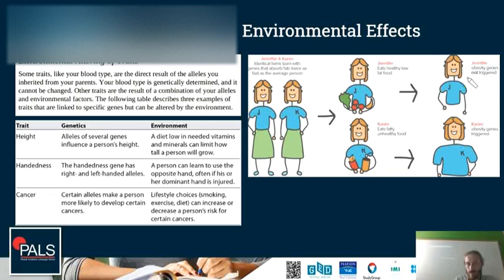In this case, Jennifer's obesity genes are not triggered, whereas Karen's obesity genes are triggered. We can see a difference in the 2 individuals, although they are genetically identical.